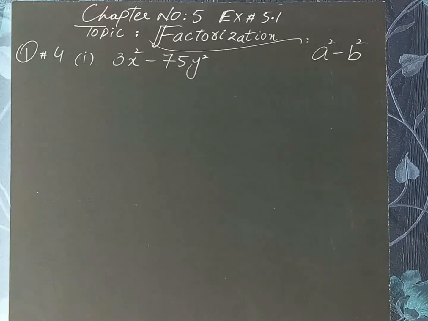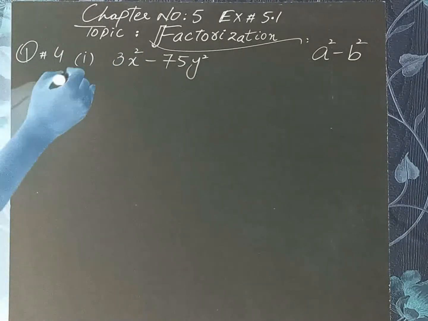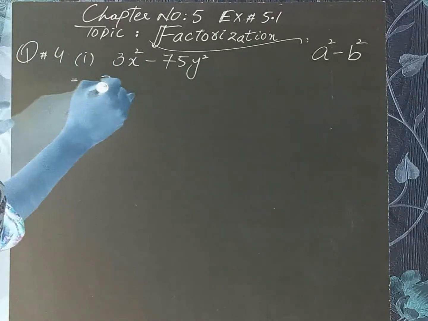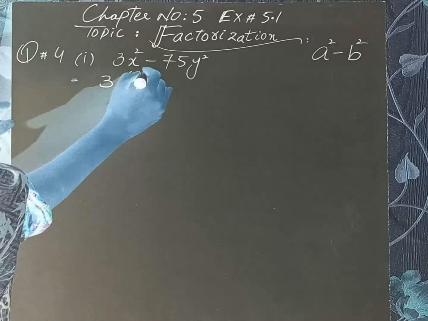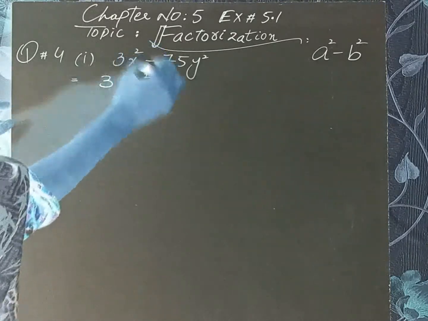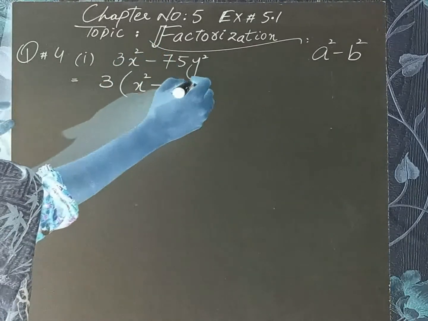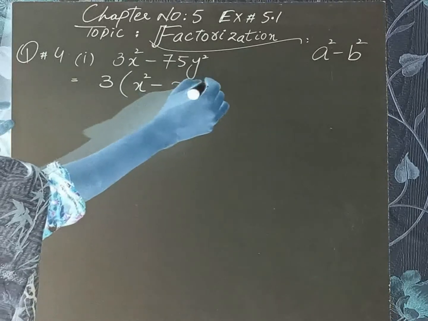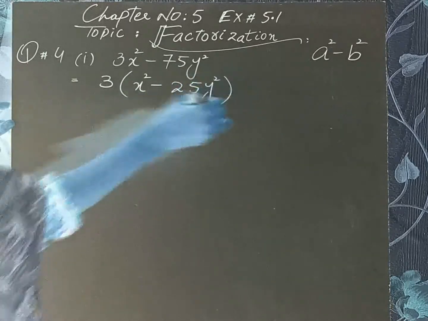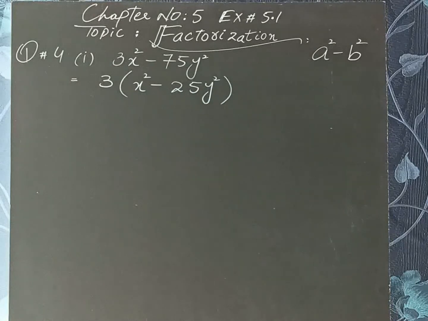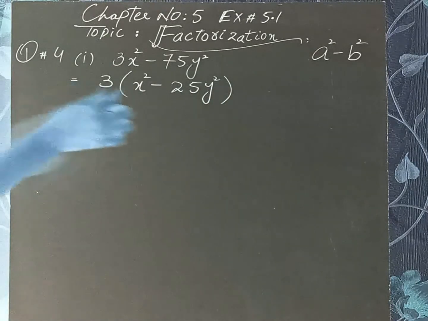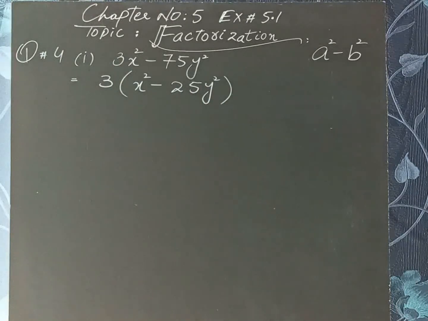The common can be taken from here. 3 and 75 are both divisible by 3. So this is 3. Inside it is x squared. 3 times 25 is 75. Now you can see that there are 2 terms and both terms are perfect squares.